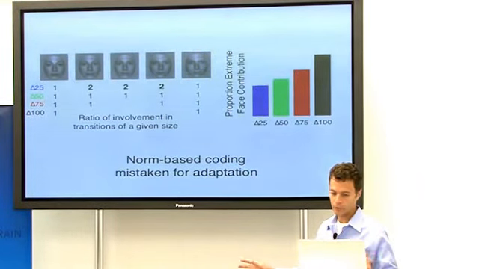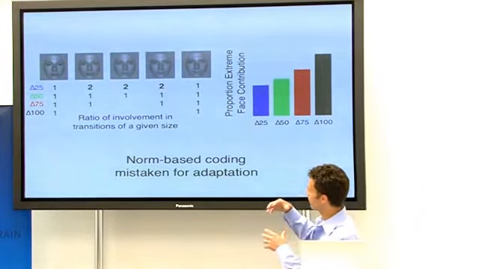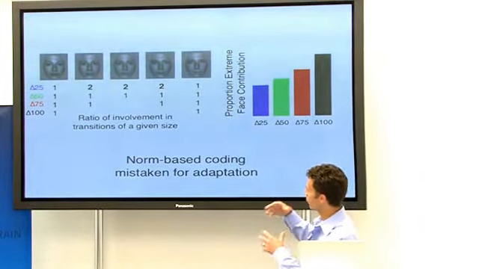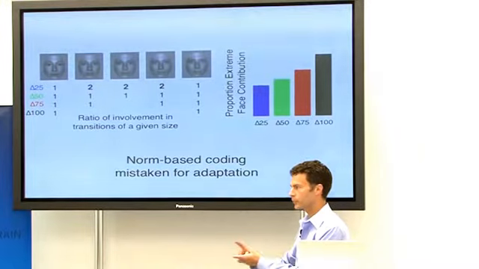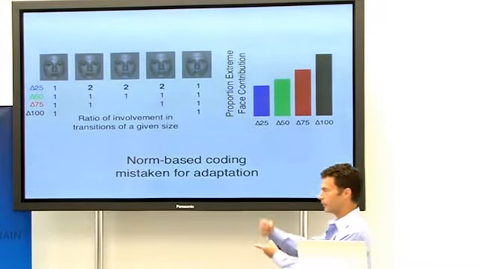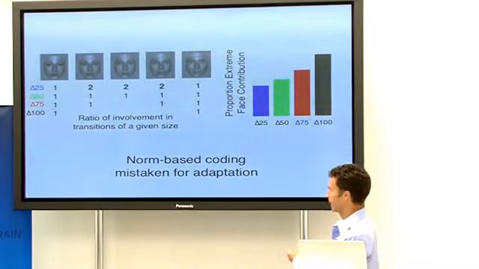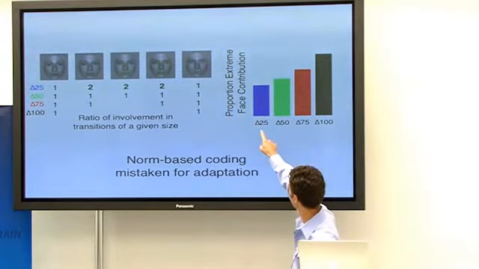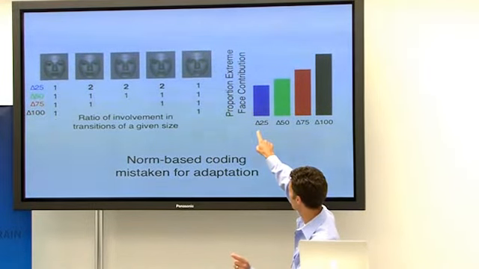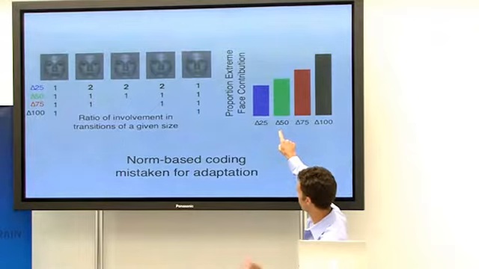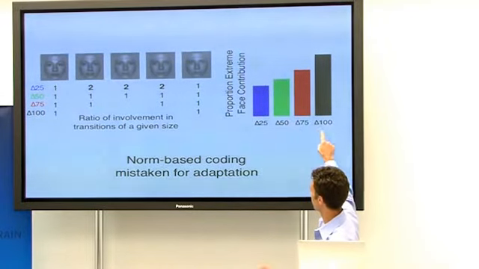And of course, the opposite is true. You can mistake norm-based coding for adaptation. So you might try and analyze the data and say, well, what was the response to a stimulus as a function of the stimulus that came just before? So you'd say, well, how much of a response was there to a 25% change in the stimulus, or a 50%, or a 75%, or 100?